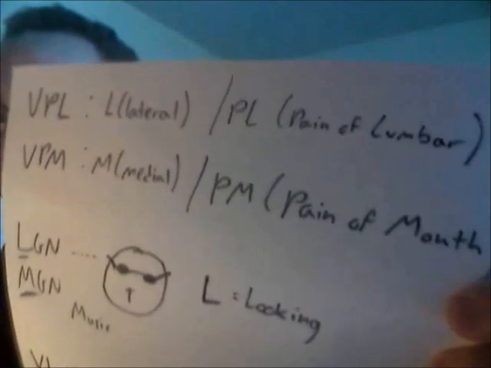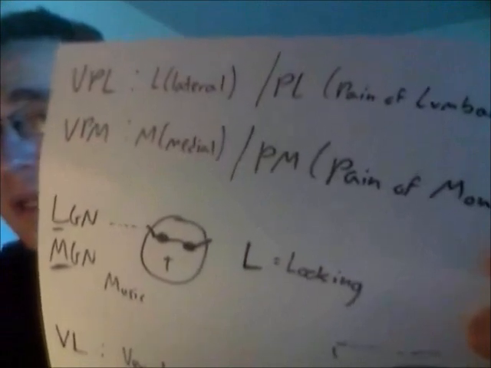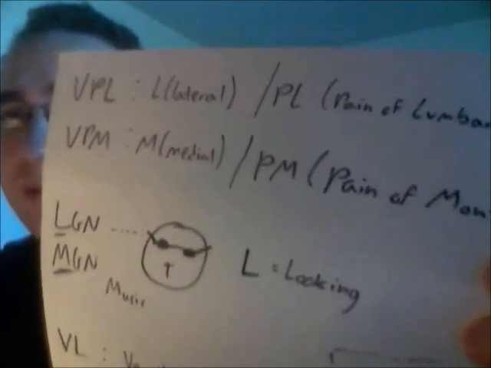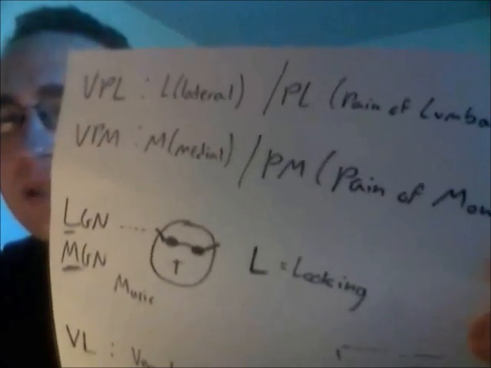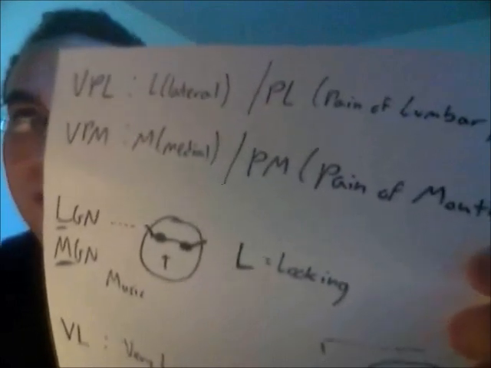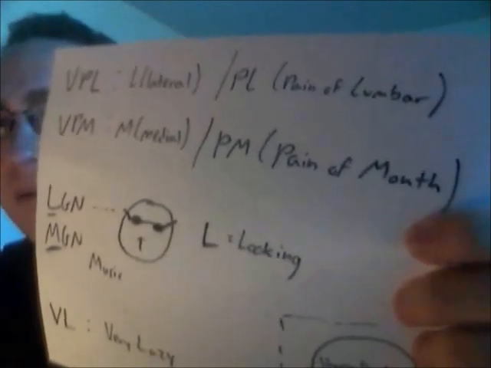as opposed to the VPM, ventral posterior medial, which is the face. It does the sensory of the face, so trigeminal, and taste. If you want to think of medial, your head is medial to your extremities, or PM, pain of mouth.